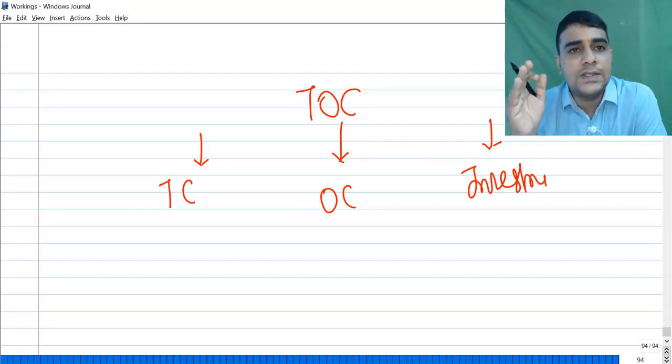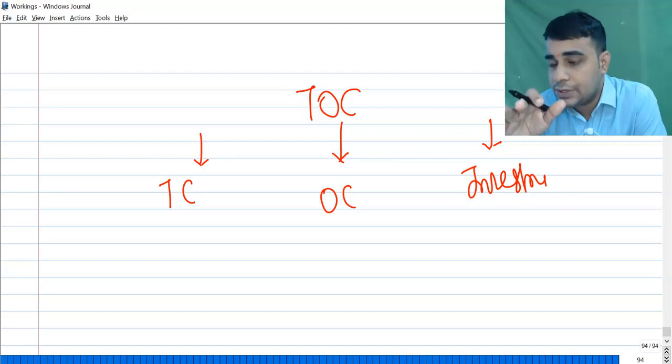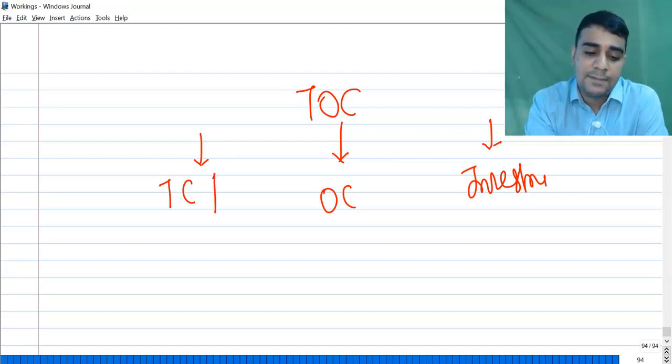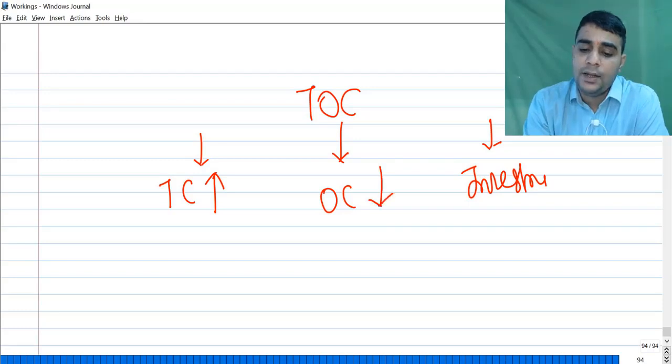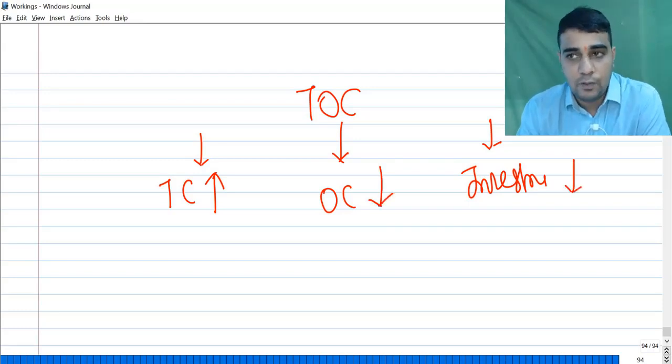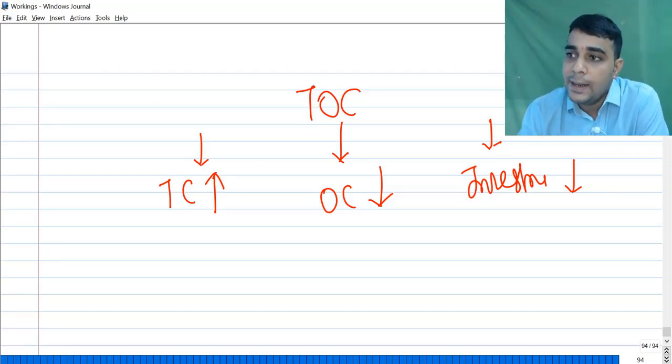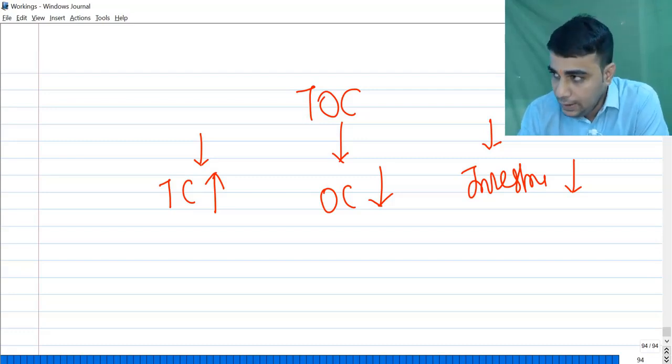So what TOC says is an organization should focus on maximizing throughput contribution while minimizing the operating cost and investments.